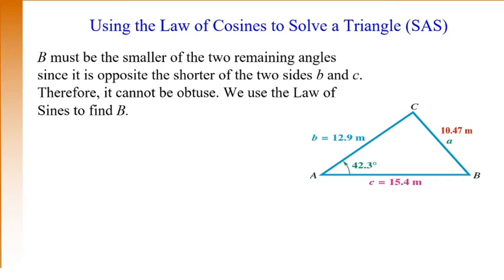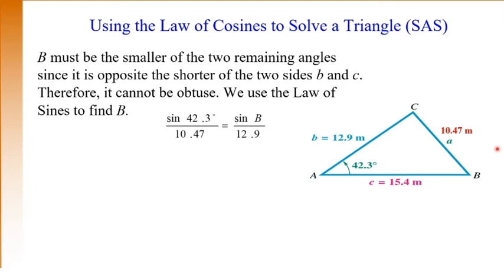Because the side opposite it is shorter than the other one. 12.9 is shorter than 15.4, so angle B is a smaller angle than angle C. So we're going to find angle B first.